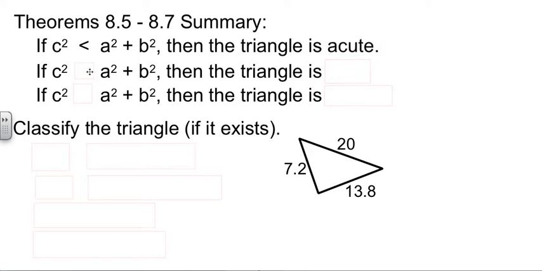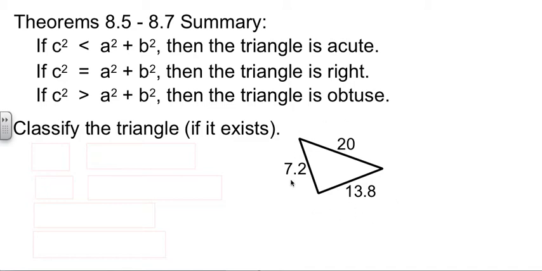If c squared equals a squared plus b squared, you say it's right. If c squared is greater than a squared plus b squared, you say it's obtuse. Okay. These three statements are what those three theorems are talking about. I just boiled it down for you and got to the essence of it.